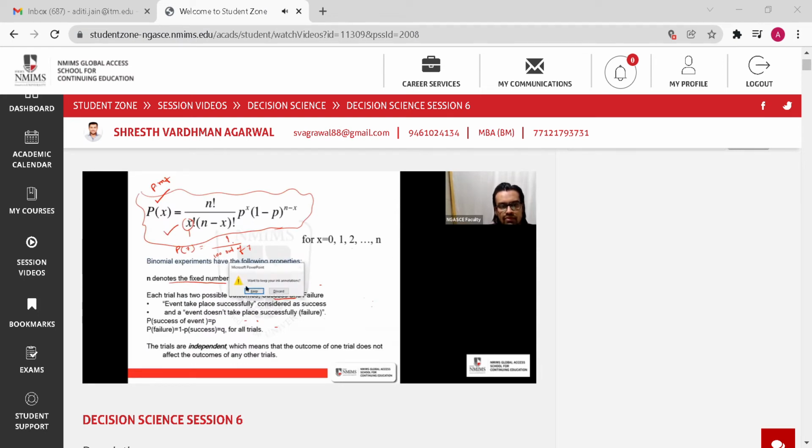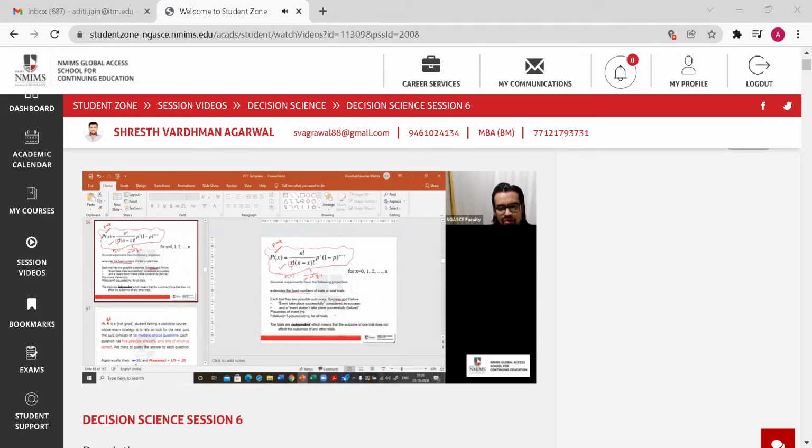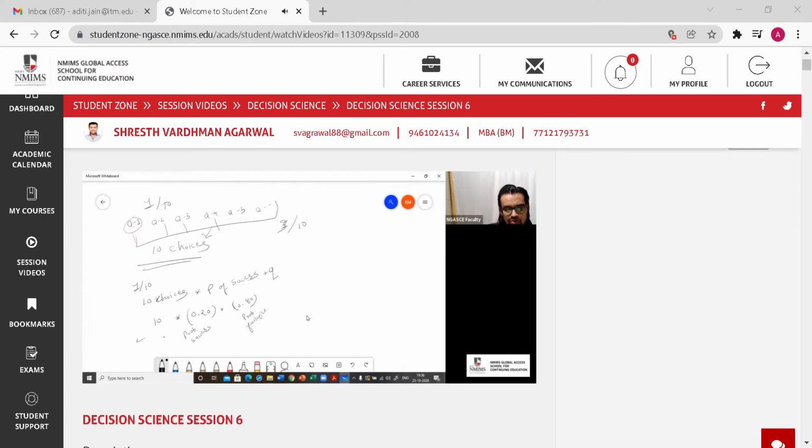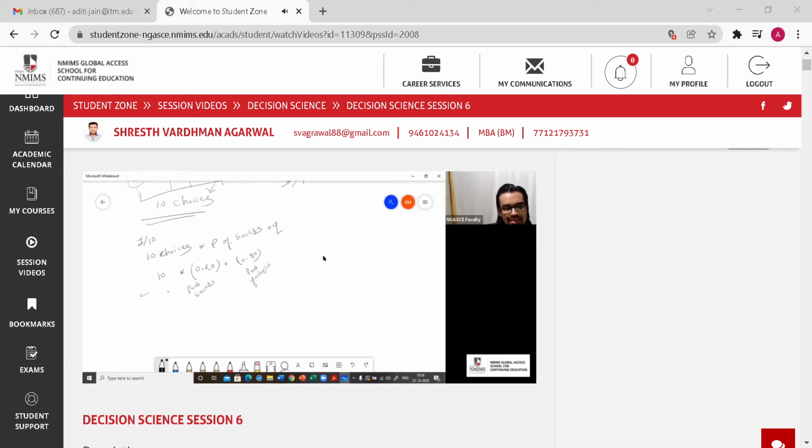This is what? PMF, right? So the logic of this is helping us to define the probability mass function. 10 choices can be explained mathematically by combination formula.